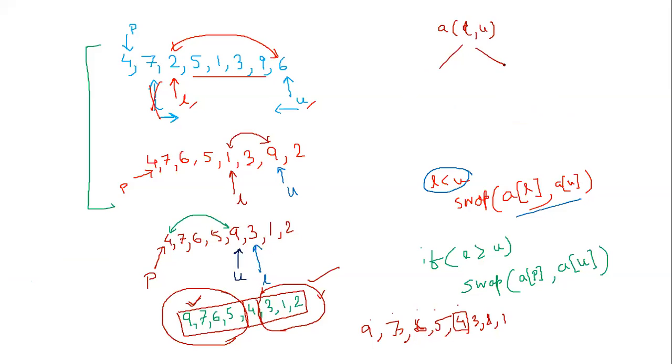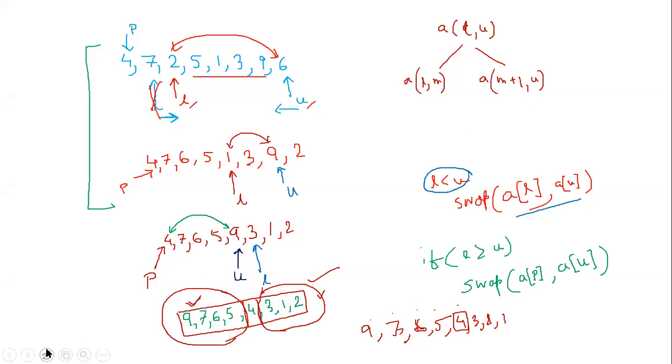We are dividing it into two parts. The first part will contain A of L comma M, where M is the middle position between L and U, and the second half contains A of M plus 1 to U. Right? We are not excluding the middle position value.